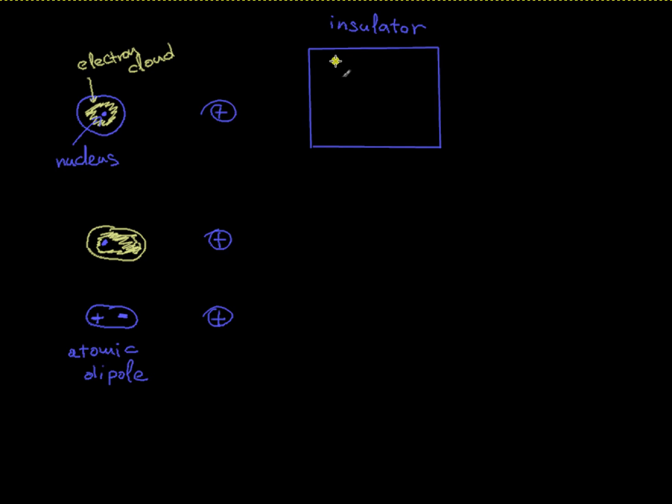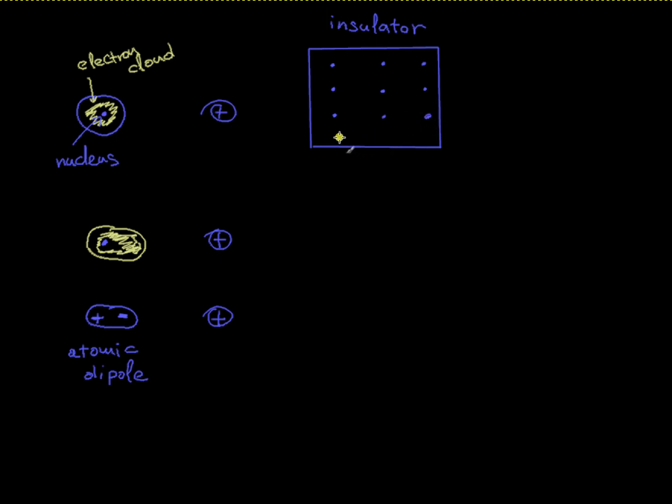What I have here, I have a lot of atoms. Every macroscopic object includes a huge number of atoms. And here I'm just indicating the centers of the nuclei, essentially.